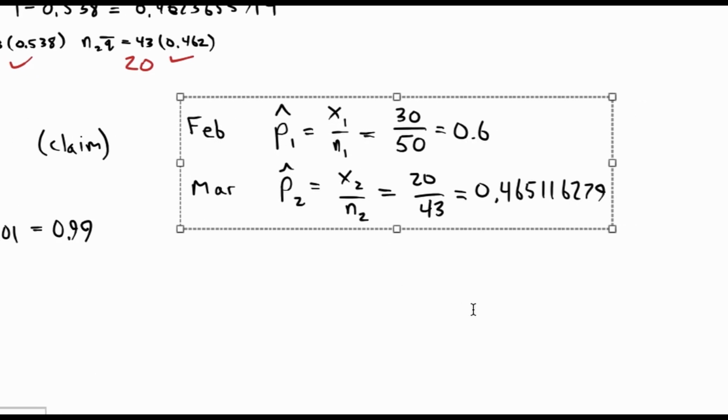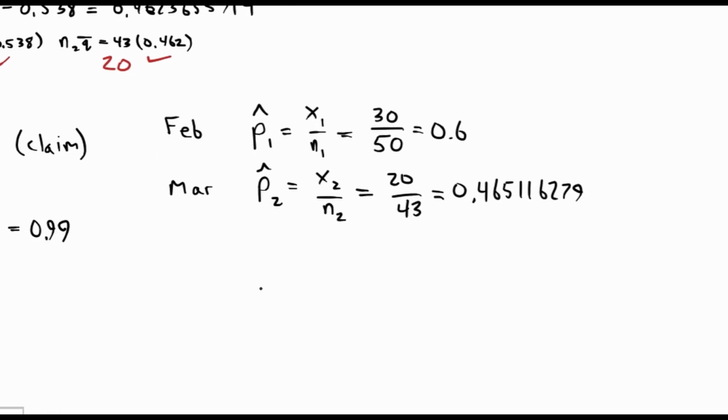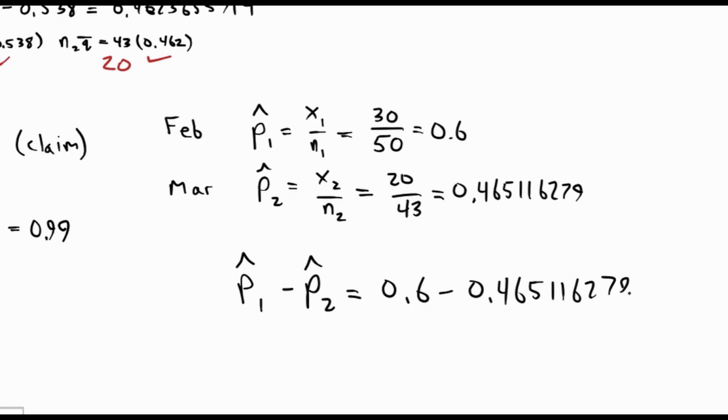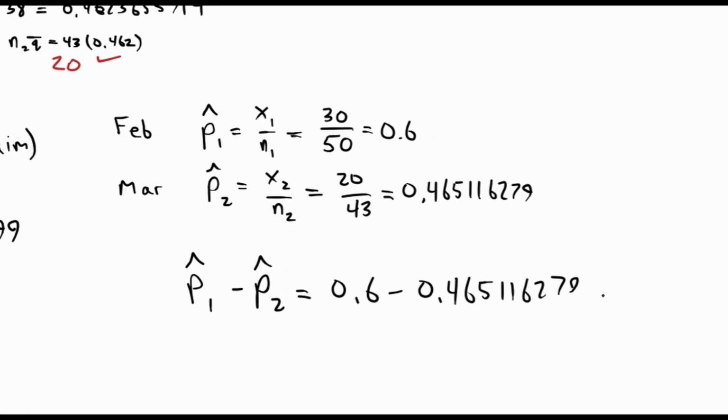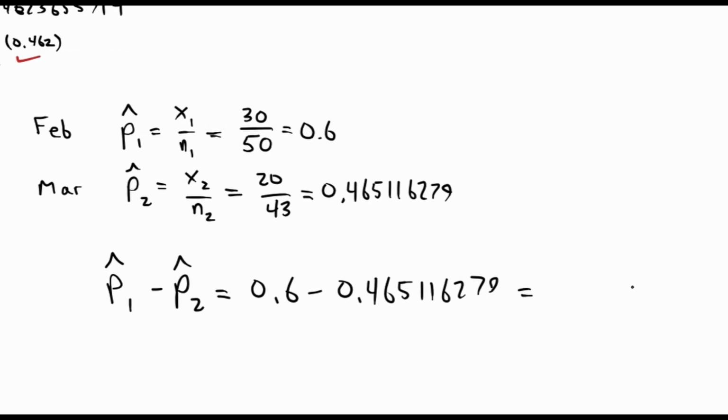So I'll do that on the side here. P1 hat minus P2 hat is going to be 0.6 minus 0.465, which is 0.134883721.